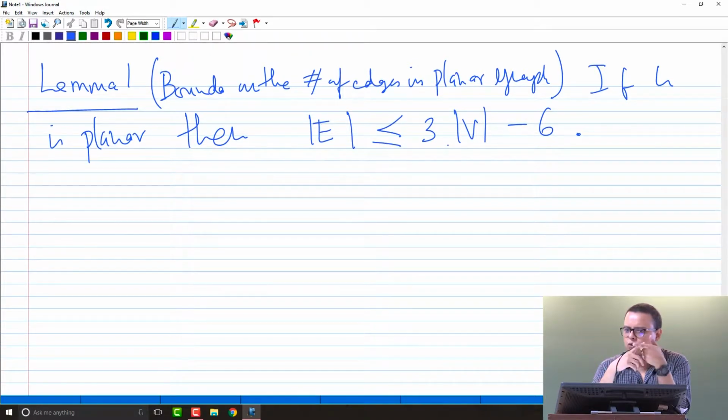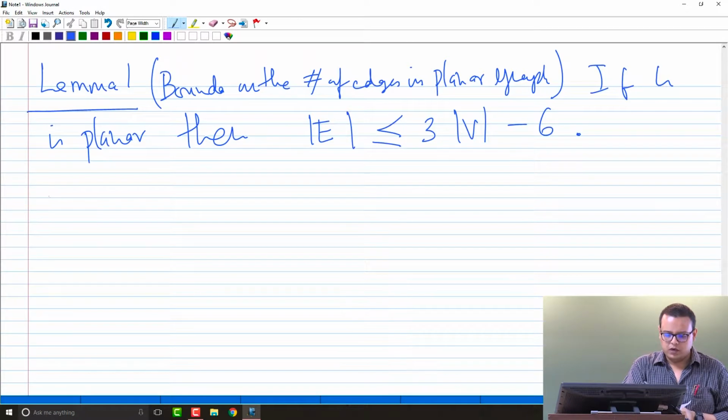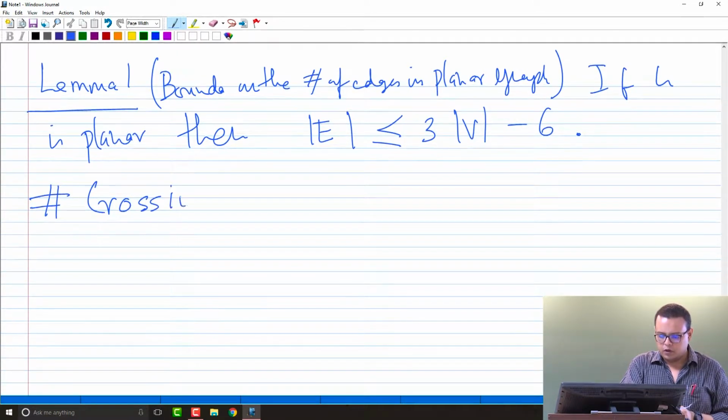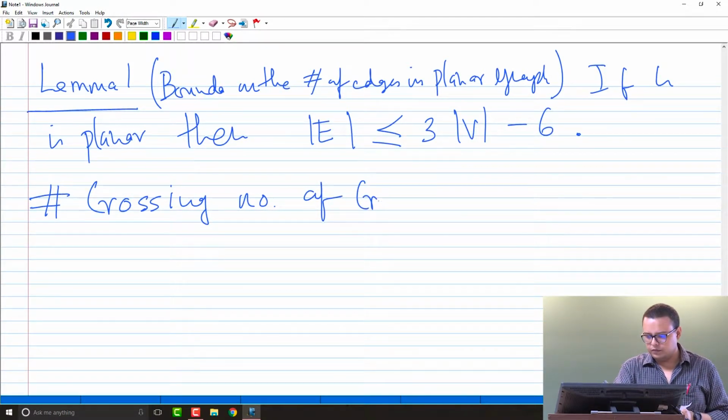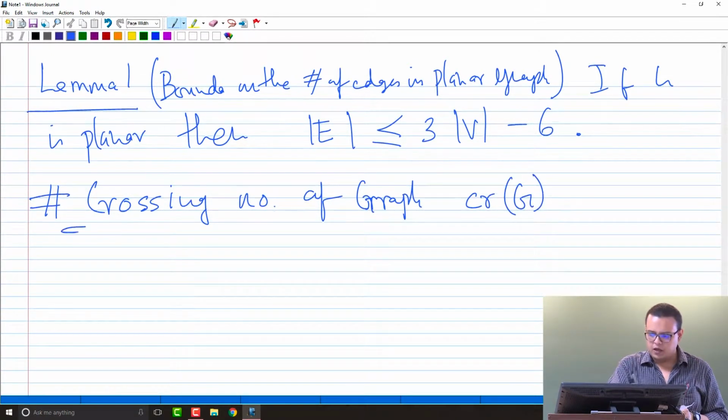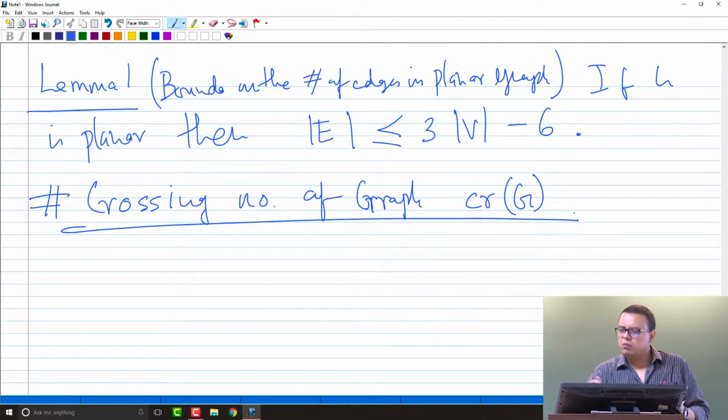This introduces a notion called the crossing number of the graph. Let me introduce this, the crossing number of a graph, denoted by CR of G. So, what do we mean by the crossing number of a graph?